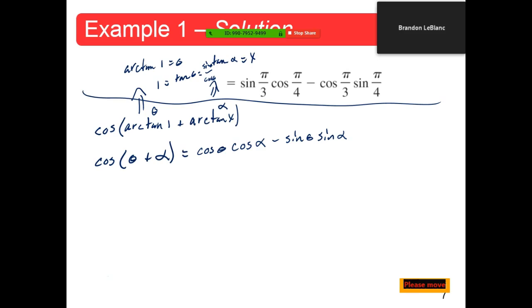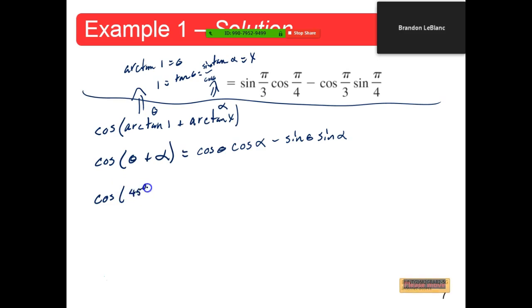So that means theta is equal to 45 degrees. So let's write it that way. Cosine of, you want it in degrees or radians? I don't really care. Degrees? Okay.